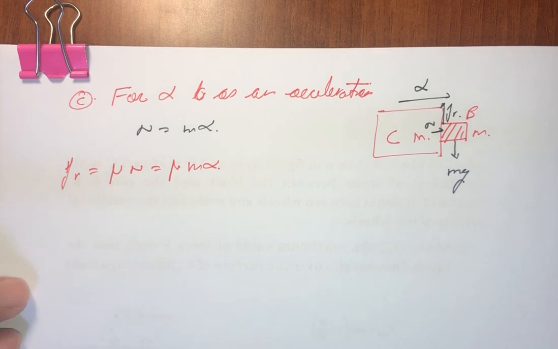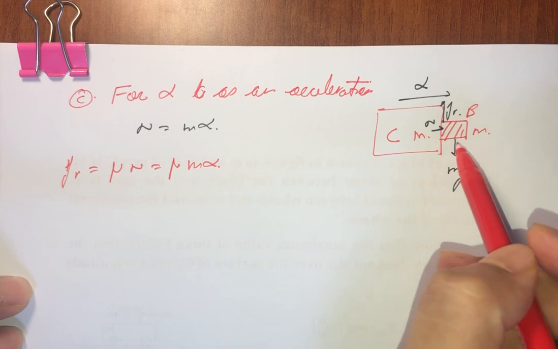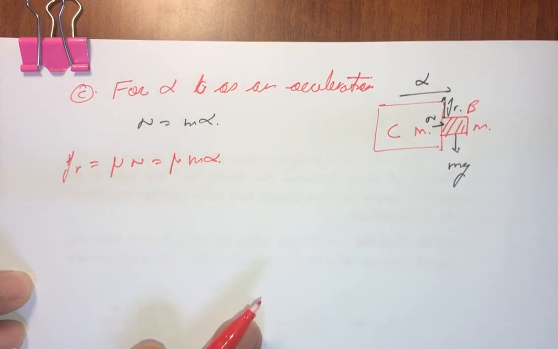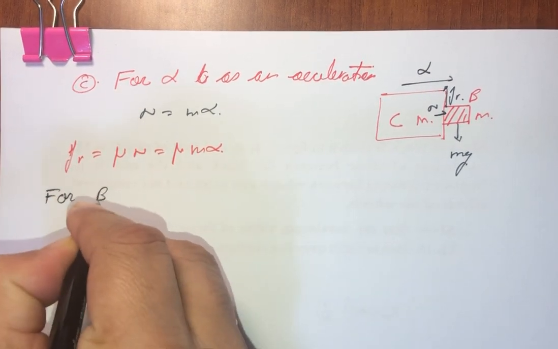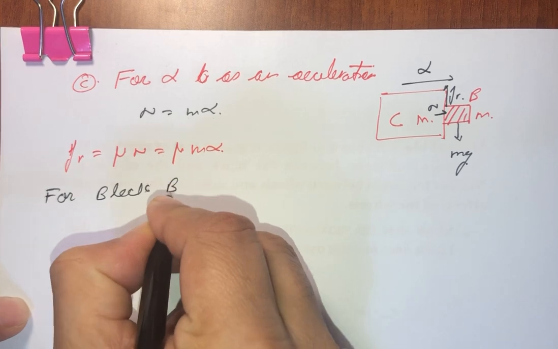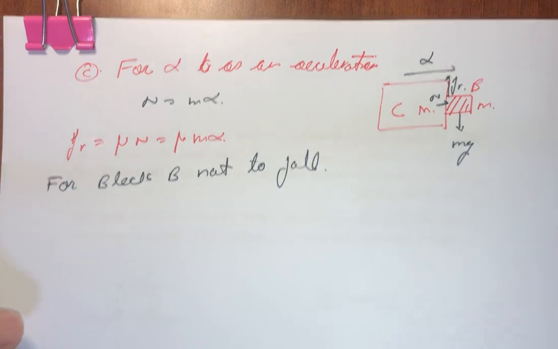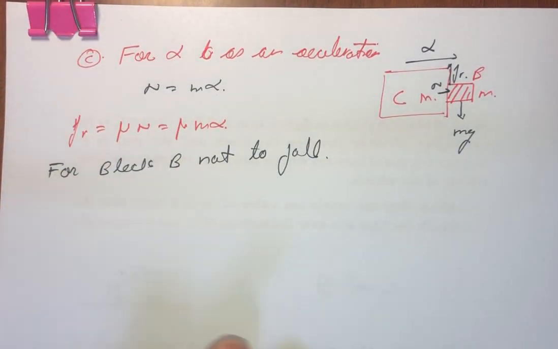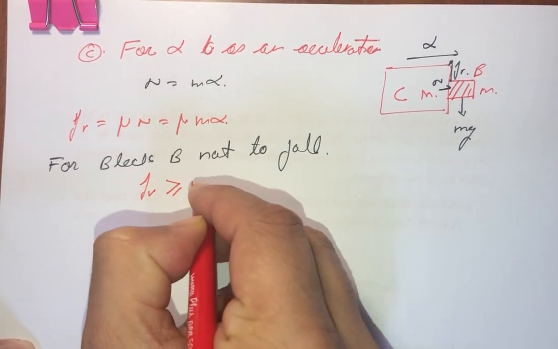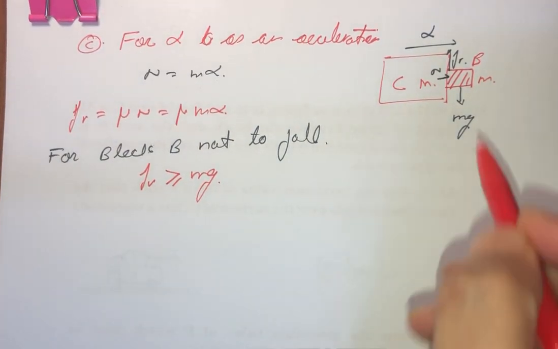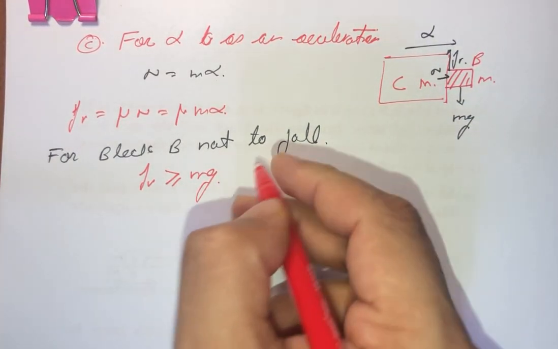And we want that this block should not fall. So it means for block B not to fall, the value of Fr should be greater than or equal to mg. Under that condition, the block B will not fall in the downward direction.